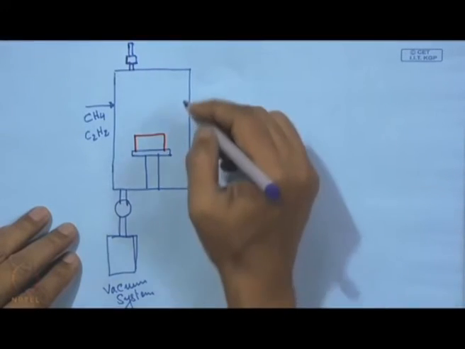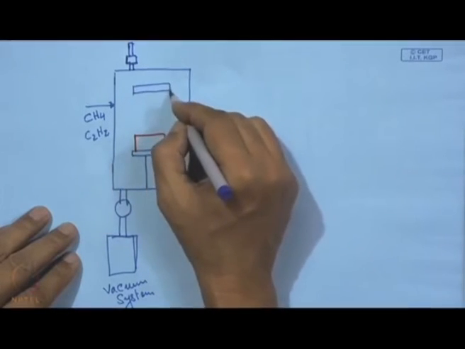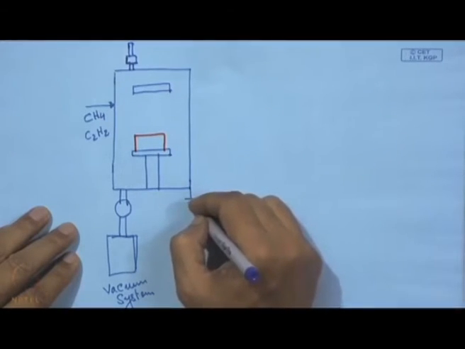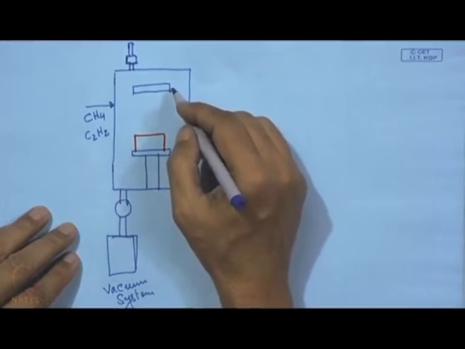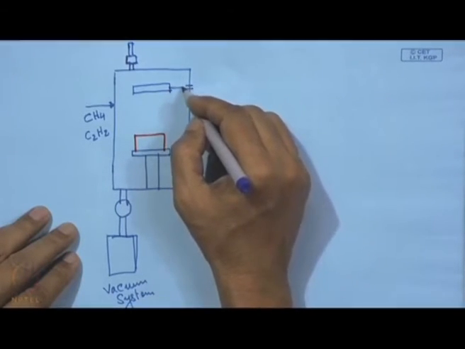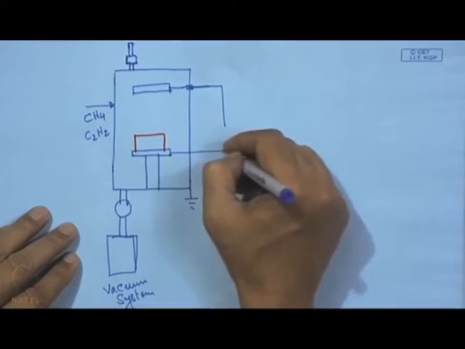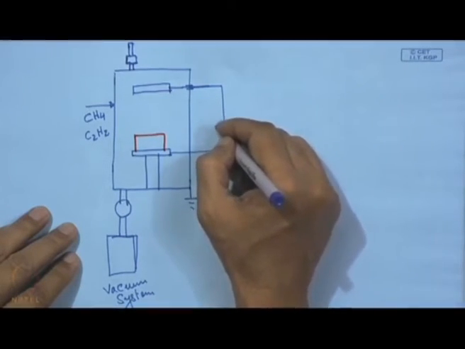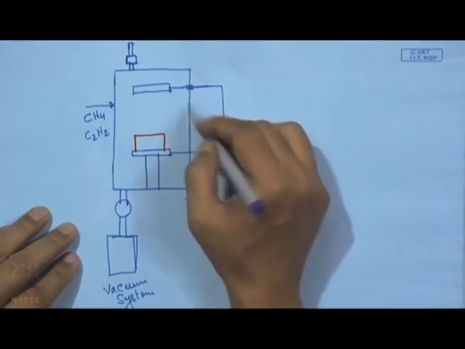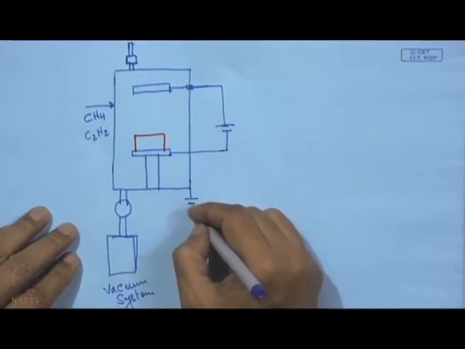In addition, we can have one anode plate here, or the wall can be the anode, but if we put it in the ground, it is isolated, and this is the anode and this is the cathode. It is a floating anode, it has nothing to do with this chamber, which is already grounded.